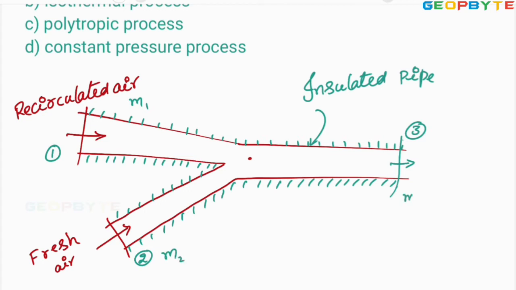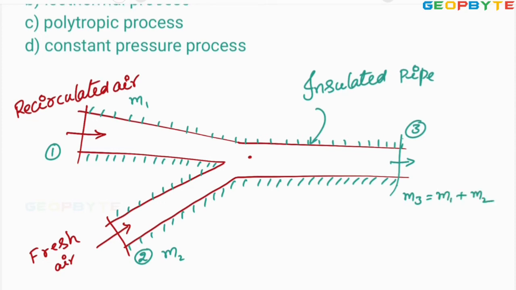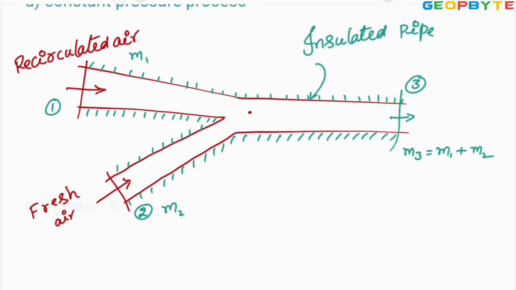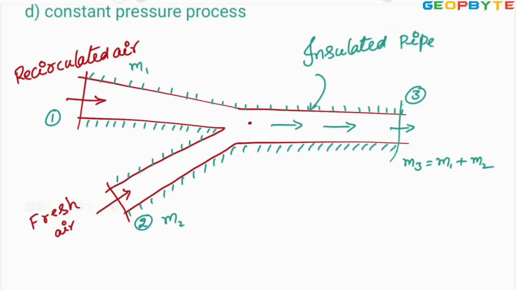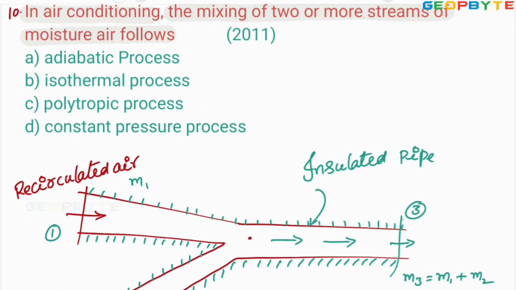Mixture mass m3, this m3 equal to m1 plus m2. Anyhow, the mixing of the recirculated air and fresh air happens adiabatically. Therefore, the process comes under adiabatic process. Look at the very first option, adiabatic process. Absolutely correct.